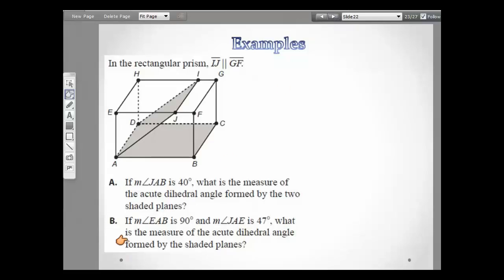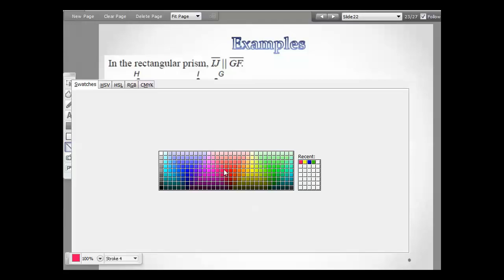Okay, if angle EAB is 90 degrees and angle JAE is 47 degrees, what is the measure of the acute dihedral angle formed by the shaded planes? Okay, there again, I like to go in and do a drawing to identify. So it says EAB is 90 degrees and JAE is 47.